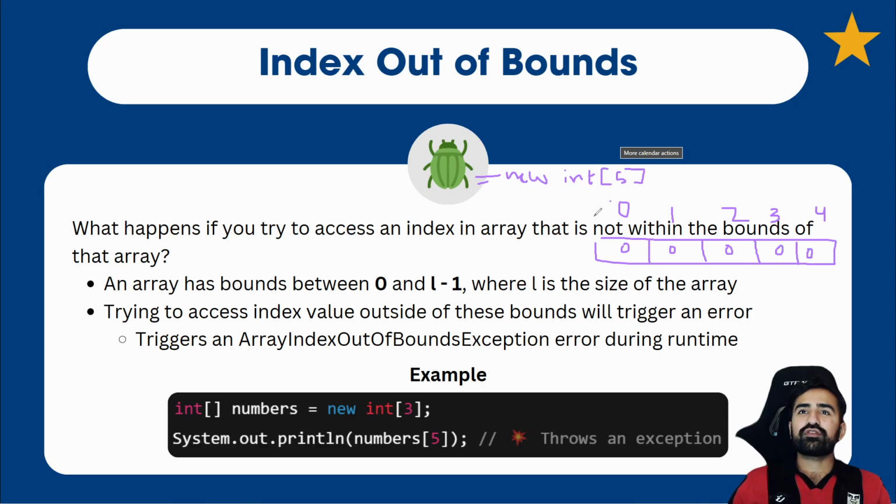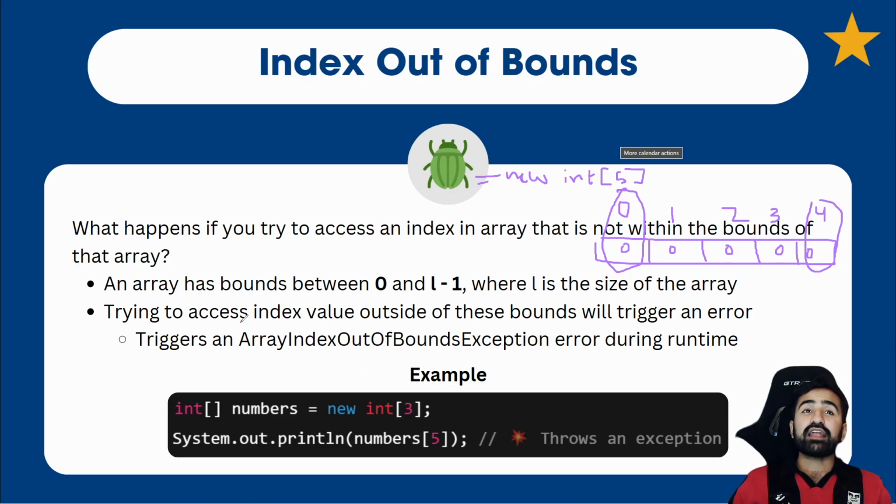And of course, this is the first element, the second element, the third, the fourth, the fifth. Again, confusing because the index doesn't line up with our natural ordering. But yeah, this array has bounds between 0 and 5 minus 1, which is 4. L minus 1 is 4.